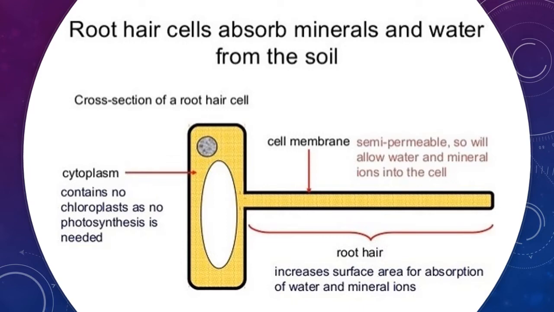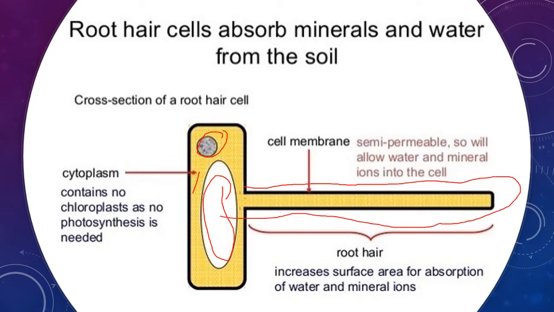This is what it looks like if you were to take a cross-section of one of those root epidermal cells. We have the cytoplasm, we have a large vacuole here, here's our nucleus, and here's that extension. That's the root hair. It still has a cell membrane, and the cytoplasm flows into there.